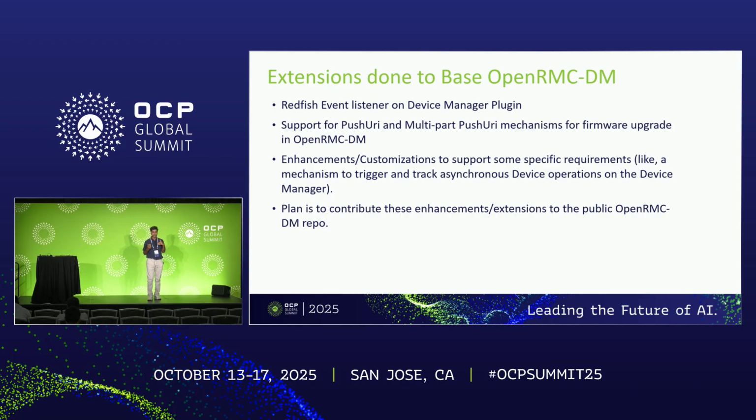Multi-part push URI also allows you, in the same endpoint, to tell who you want to upgrade, like a BIOS, and what action, like immediate or on the next reset. That support has been added.